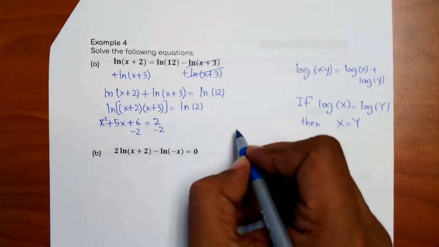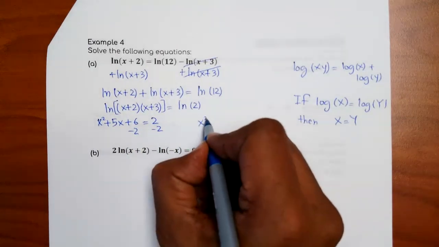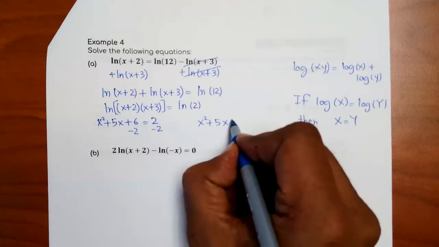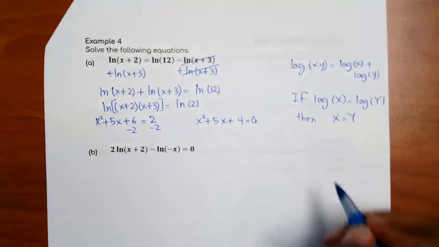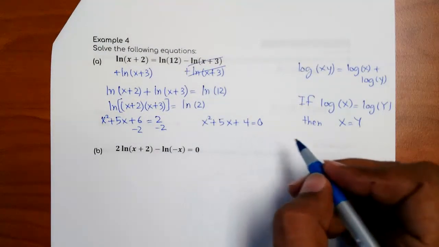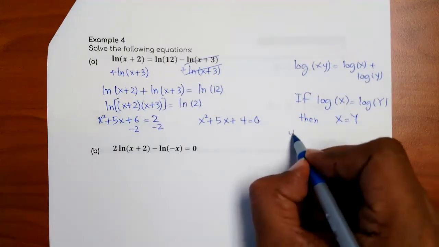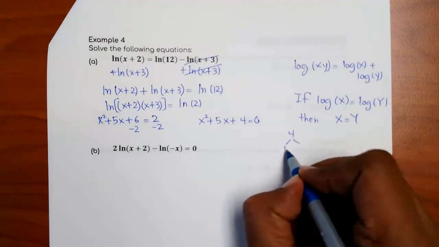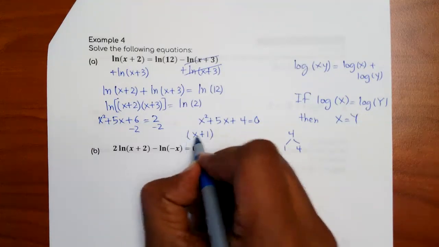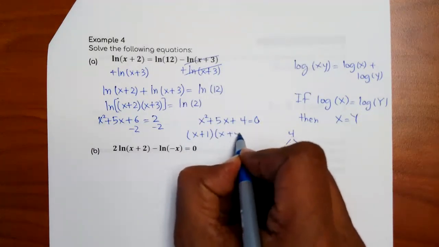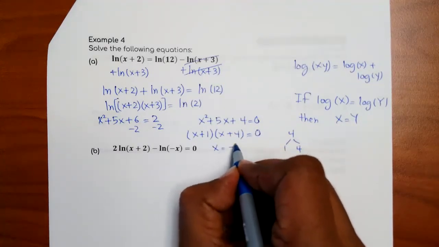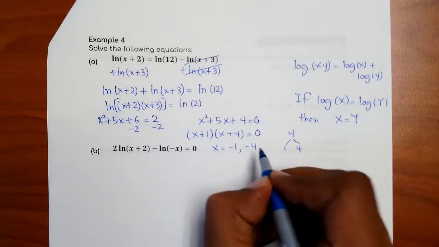So we subtract 2 from both sides. x squared plus 5x plus 4 is equal to 0. When we want to factorize it, 4 can give us 1 and 4. So I will have (x + 1)(x + 4) equals 0. And I will have x equals -1 and -4.